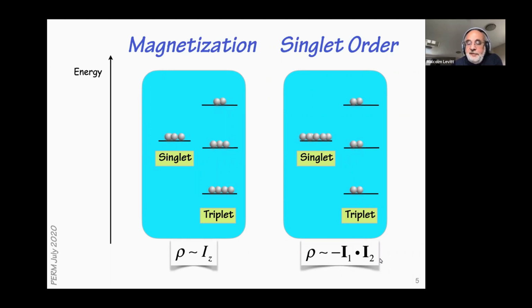And we can see from its form that it's scalar, it's isotropic, it's invariant to rotations. And in addition, because the transitions between the singlet and the triplet state are symmetry forbidden in many cases, that type of spin order often has a very long persistence time, which may exceed the ordinary T1 by many factors.